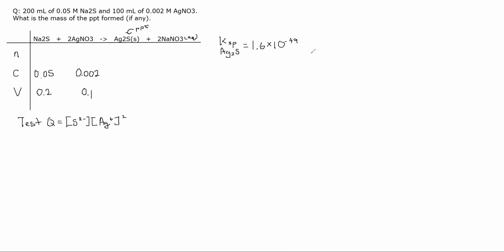Well, simply put, the K value is a result of the concentration of sulfur ion and the concentration of silver ion in the reversible reaction.